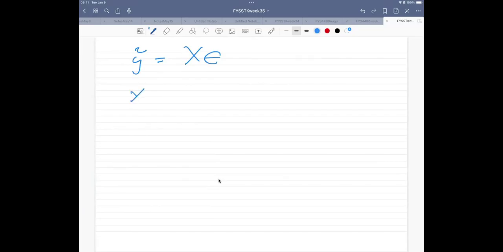And this matrix X is a matrix of dimensionality n times p. This p is not the same as lowercase p.